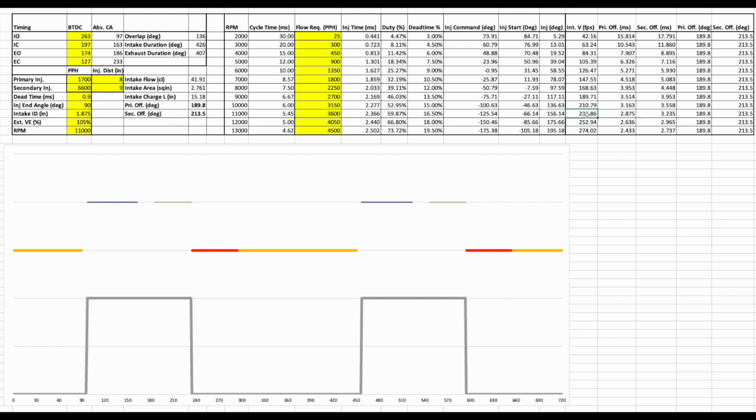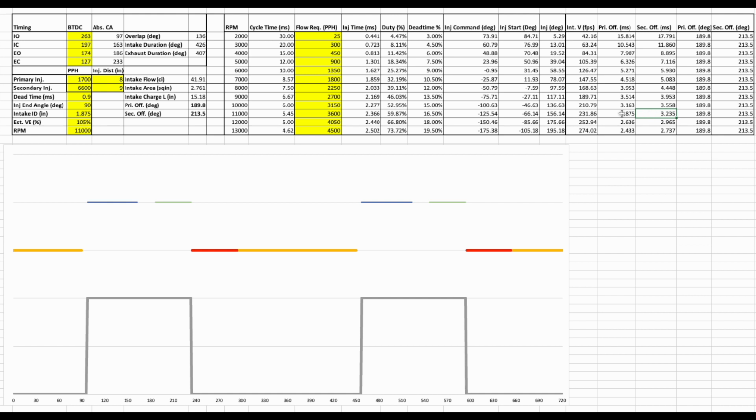So based off this airspeed, we can then ask how many milliseconds it takes, based on this distance, 8 inches away, at this velocity. So at 231 feet per second, how long does it take to travel 8 inches? That's 2.8 milliseconds for the primary, and for 9 inches, it's 3.2 milliseconds.